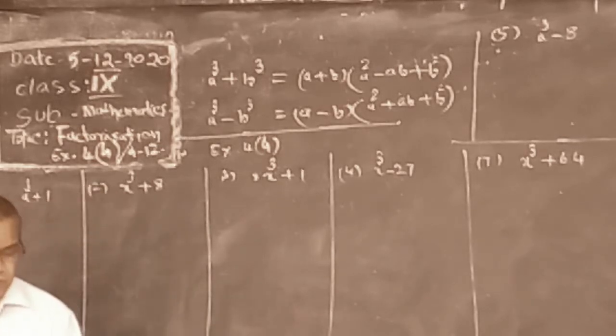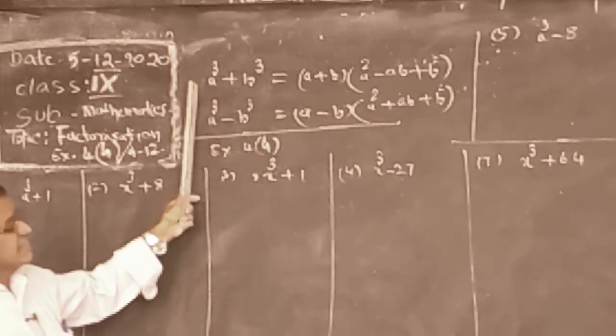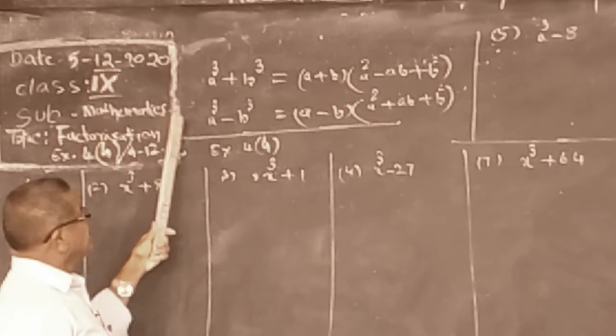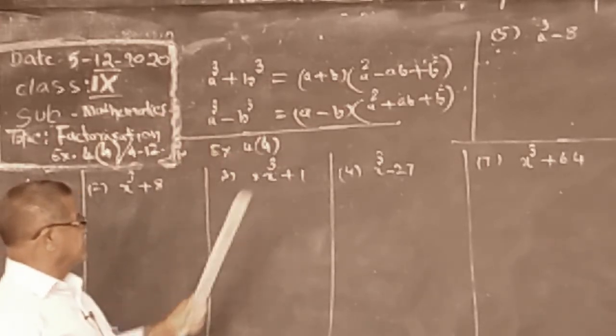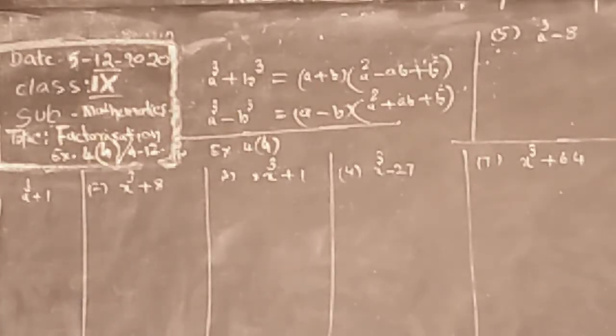So these are the formulae on a cube plus b cube and a cube minus b cube. The middle minus will come on this. First one, see, it is a cube plus b cube, 1 cube. It can be written as a cube plus 1 cube.